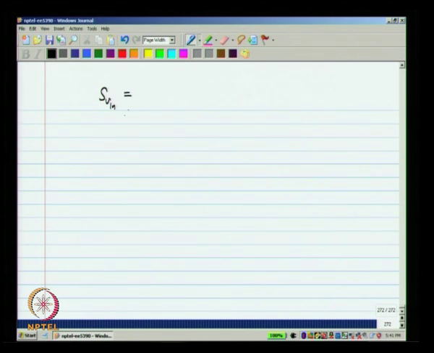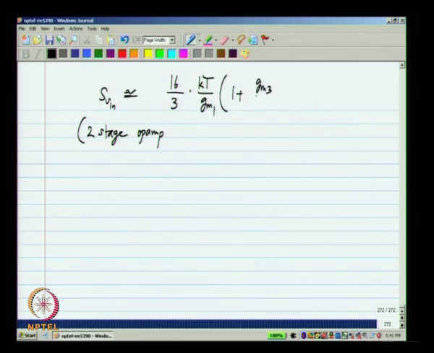Any extra contribution from the second stage will be quite negligible. Okay.